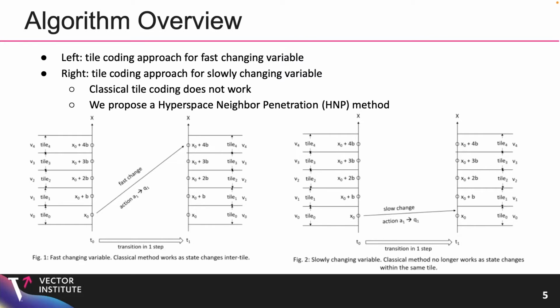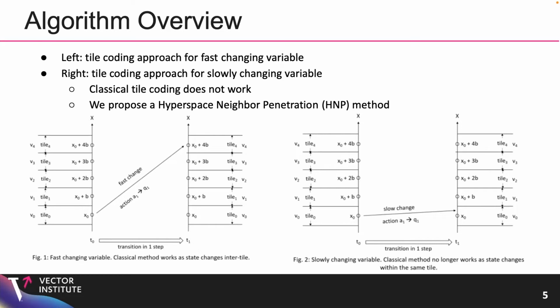And figure 1 on the left shows that when a variable changes quickly, the agent will take action A1 to transition from the tile labeled V0 to the tile labeled V4. This demonstrates that the classical method of tile coding works for fast changing variables as state changes enter a new tile after the agent takes an action.